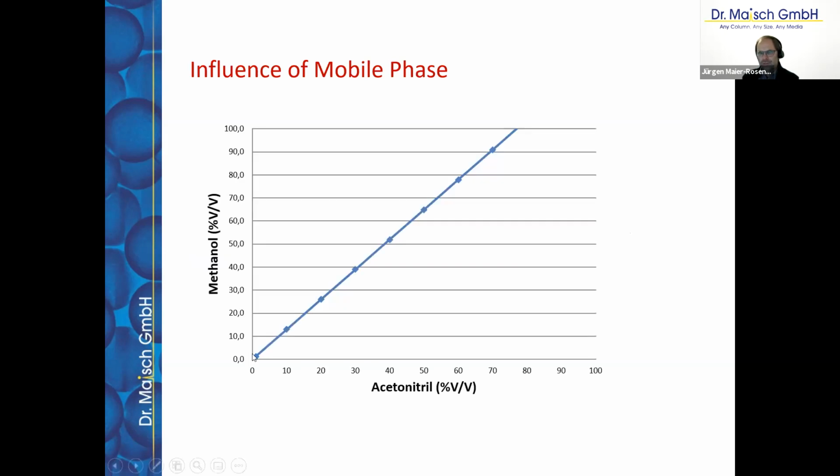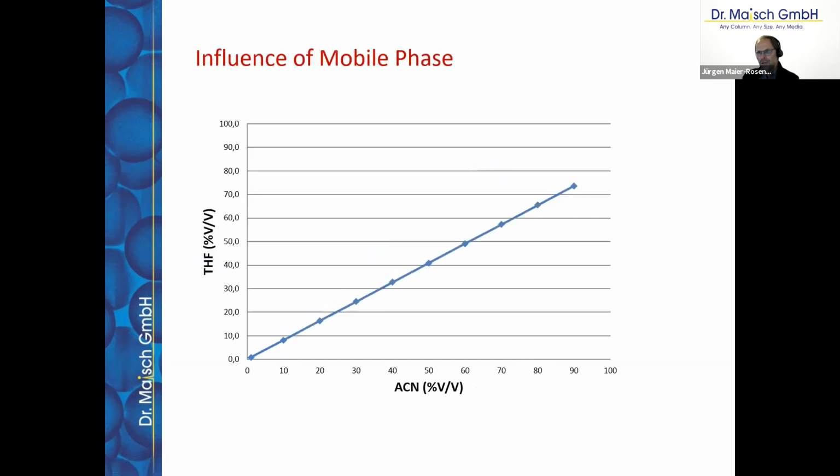Using this model, as most of you are aware, acetonitrile is a stronger eluting solvent. So 100% of methanol is identical with approximately 78% of acetonitrile.